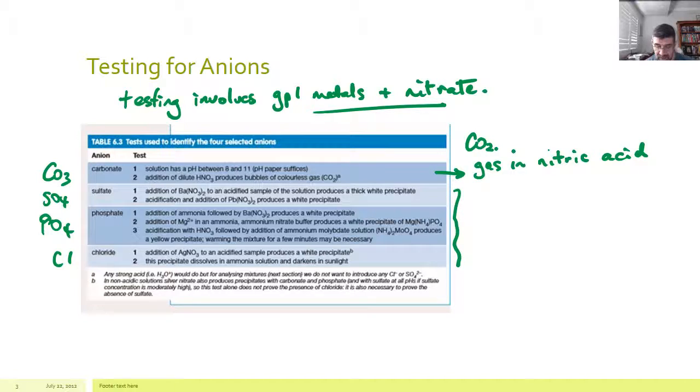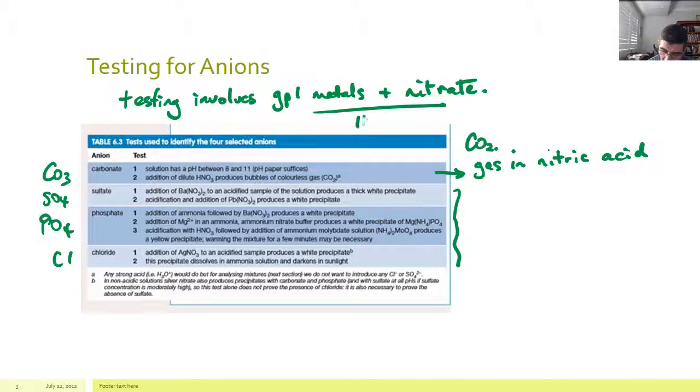And the reason for this is that group 1 metals are all soluble, so all of the salts of group 1 metals, sodium, potassium, and so on, are soluble, and all nitrates are soluble. So anything nitrate is going to be soluble, and sodium anything, potassium anything is going to be soluble. So you'll often find these are being used as part of our reactants in order to try and see if we can get some sort of precipitate out, because these ones will form spectator ions and won't participate.